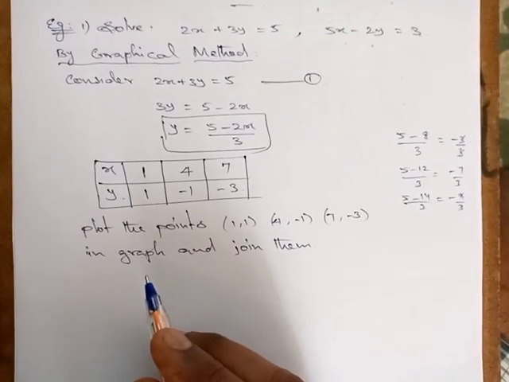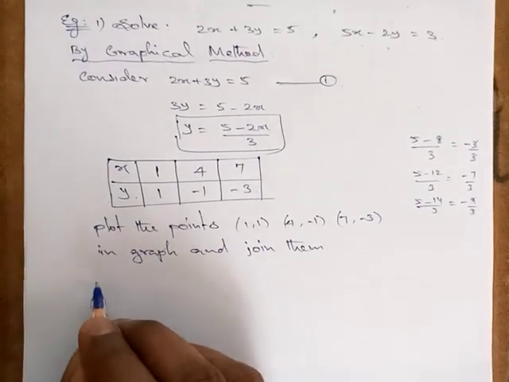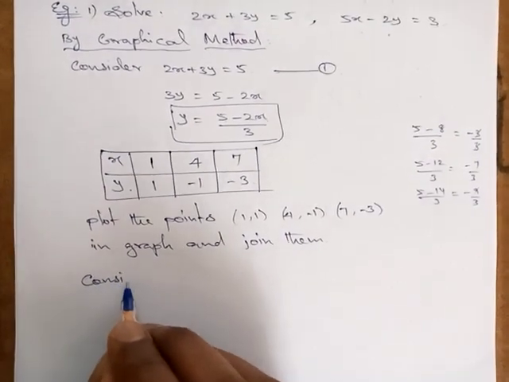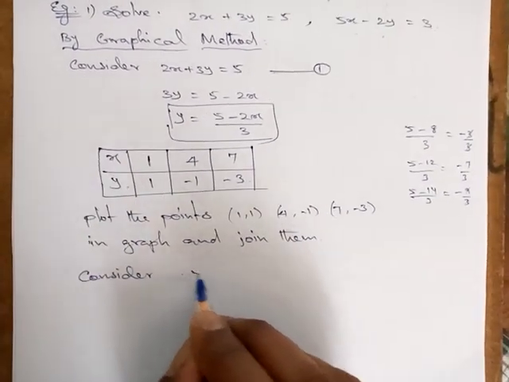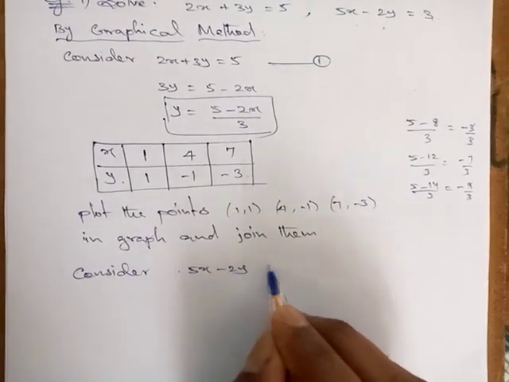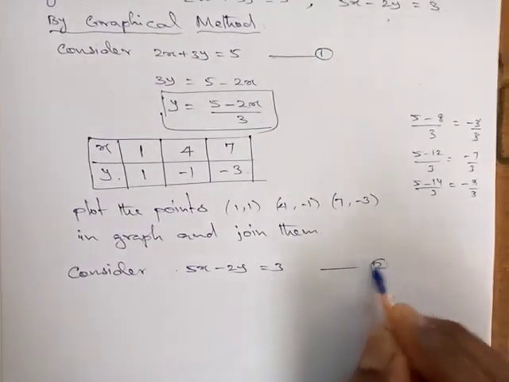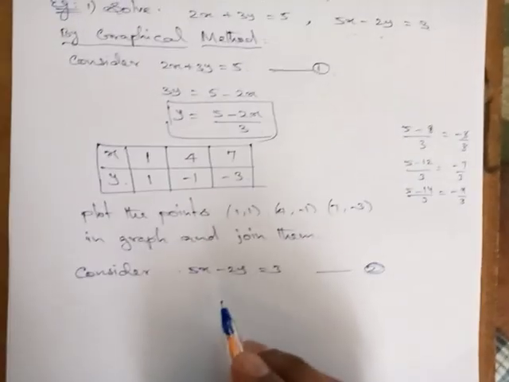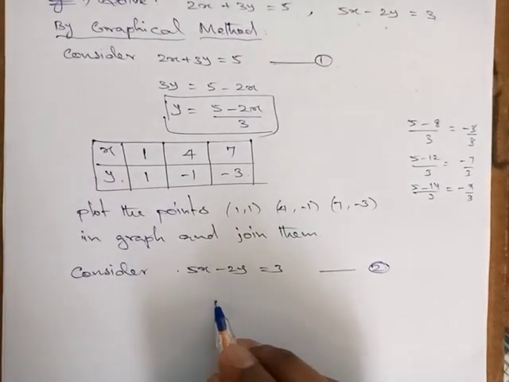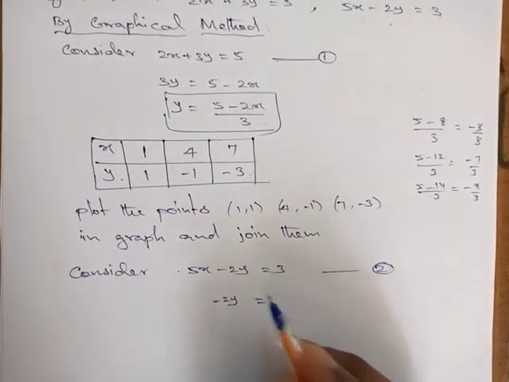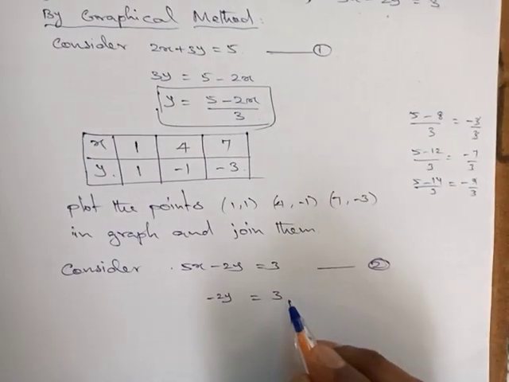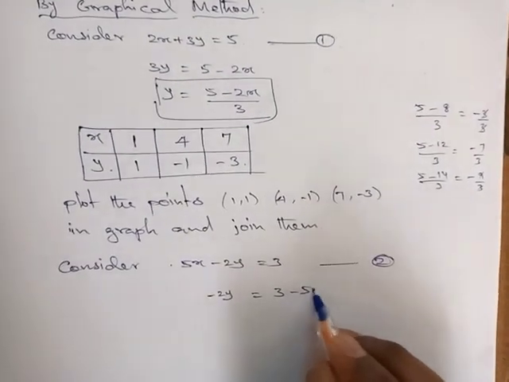Now consider the second equation. What is that? Consider 5x minus 2y is equal to 3. Here also we have to find y, but this is a little bit different. 5x you bring this side, minus 5x.